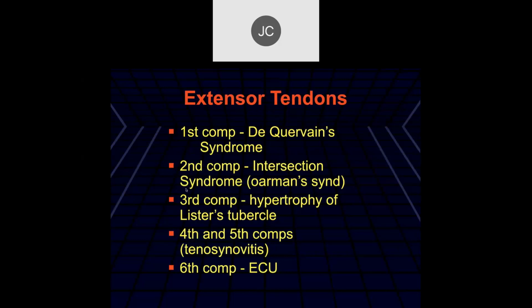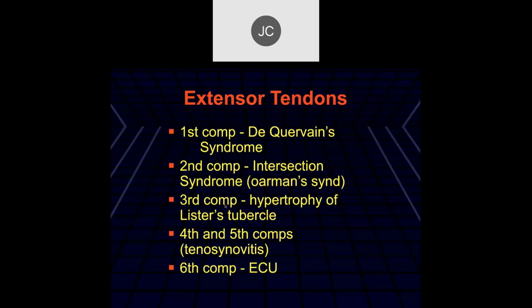So if we look at the extensor tendons, if we see disease, typically fluid and increased signal intensity within the tendons with fluid around them in the tendon sheath, which we typically call tenosynovitis. If it's in the first compartment, it's called de Quervain syndrome that we'll talk about in a minute. If it's in the second compartment, you can get tenosynovitis also, but in the second compartment, more commonly you'll get the distal intersection syndrome, which is called Oarman syndrome that we'll talk about.